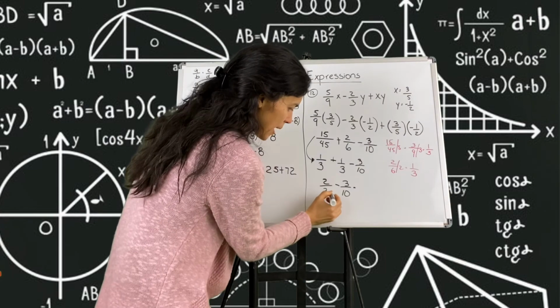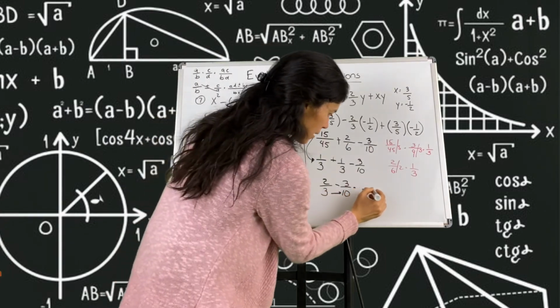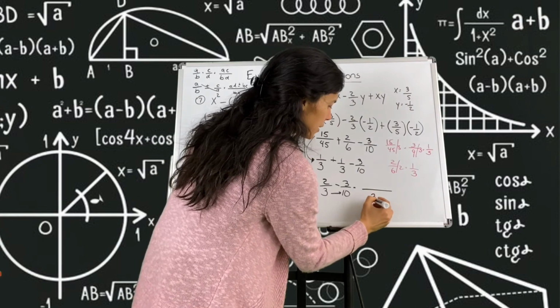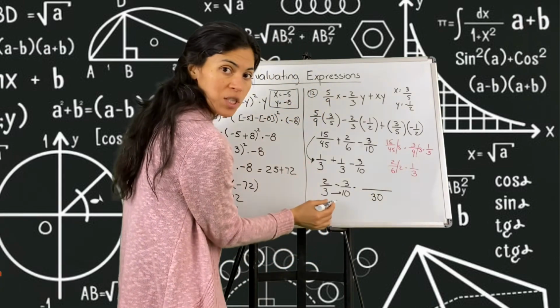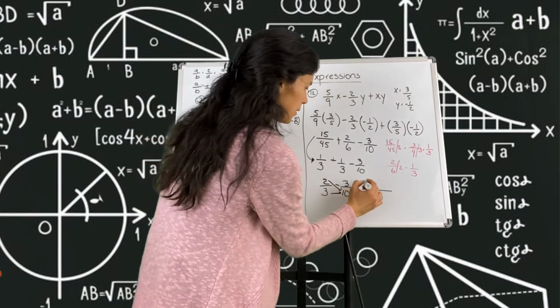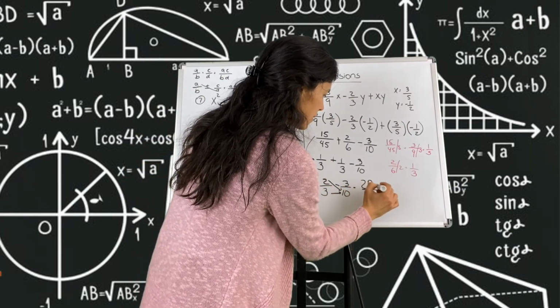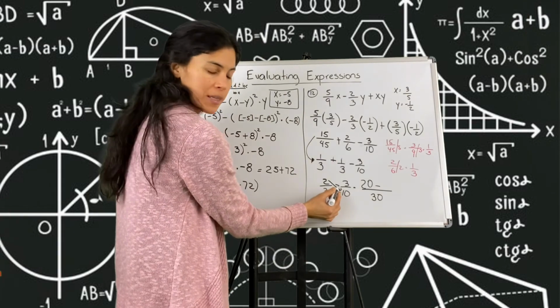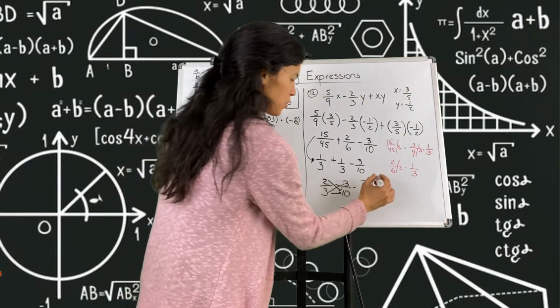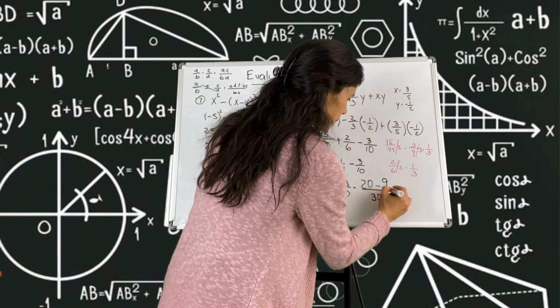So we multiply the bottoms, right? And that's our bottom. 3 times 10 is 30. And then we cross multiply the tops. 2 times 10 is 20. Minus, because I don't have addition but subtraction. And then I cross multiply the other side. 3 times 3 is 9.